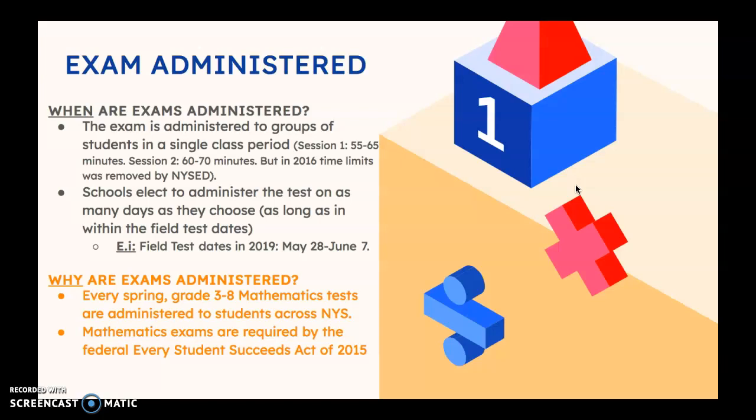But in 2016, this was changed because the time limit has been removed by the NYSED, and schools elected to administer the test on the days that they would like to choose, as long as they stay within the field testing period. So for example, in 2019, the field test dates were between May 28th and June 7th.